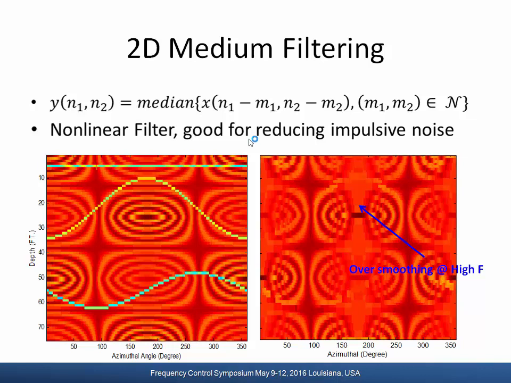Then we apply the median filter to first filter out these borehole features in order to extract most of the background pattern. This is the output of this median filter. So most of the background is extracted, but we still observe some residual effect. The middle part is over-smoothed.